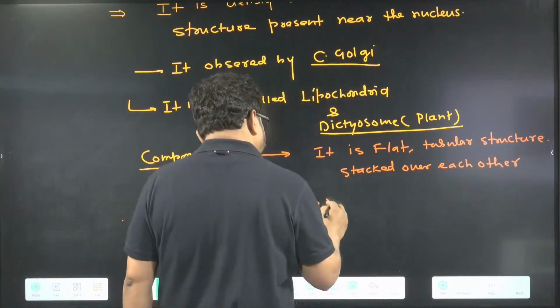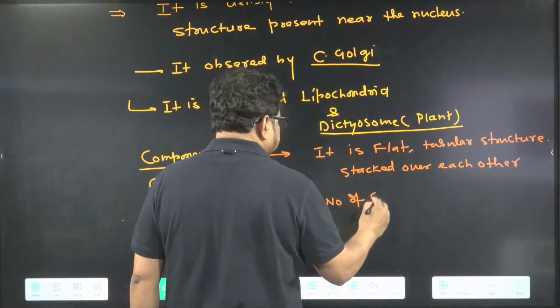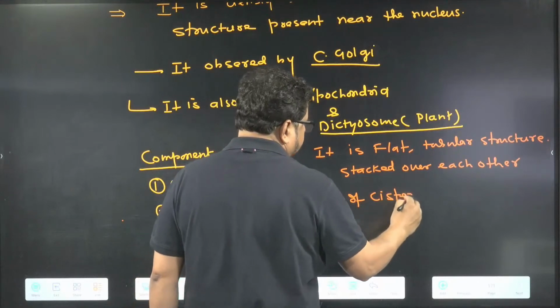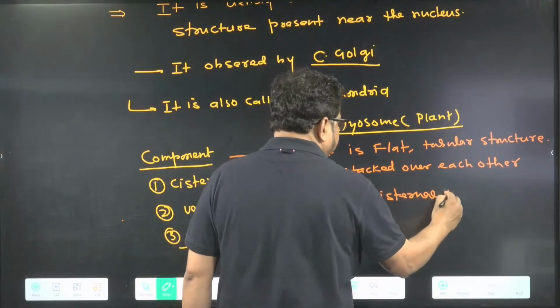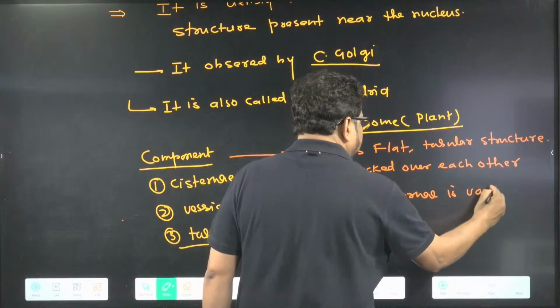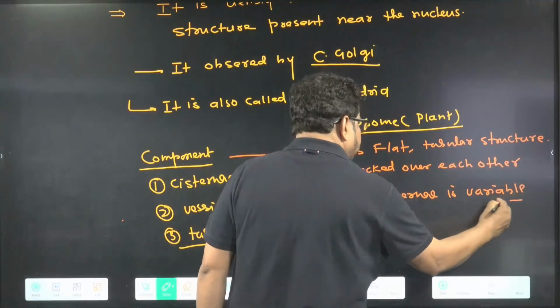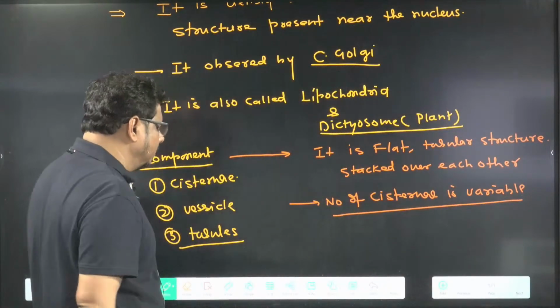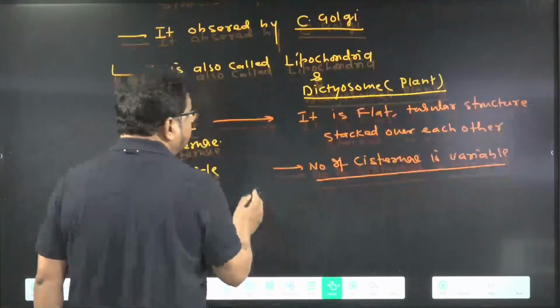And the number of cisternae is variable. Number of cisternae is variable from Golgi body to Golgi body. So I am drawing the diagram.